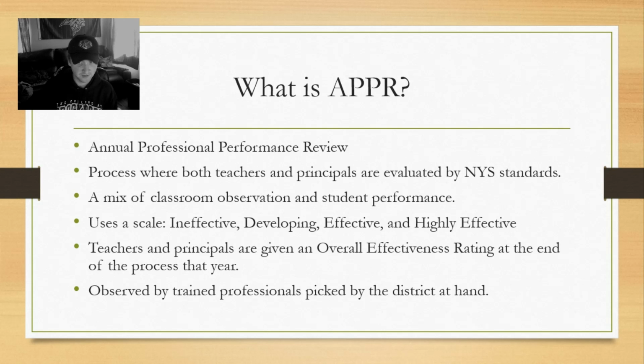It's the ineffective, developing, effective, and highly effective. And we'll get into more of that in a couple slides. And then after the scale, after everything's added up, they are given an overall effectiveness rating, and this is a yearly process. So that's why it's the Annual Professional Performance Review.